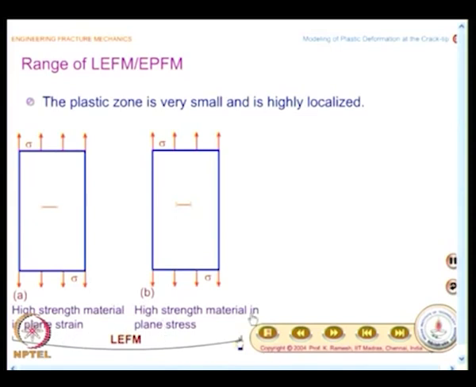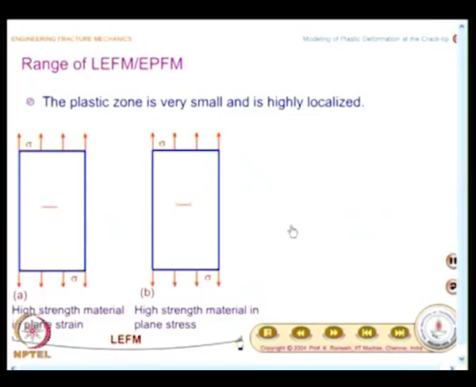And in the case of high strength material in plane stress, you have a little more plastic zone, but compared to the plate dimensions and also the crack length, the size of the plastic zone is very, very small. So, only for this class of problems we will make suitable approximations and find out certain modifications to our way of calculating stress intensity factor, so that LEFM could be applied to a broader class of high strength ductile alloys.